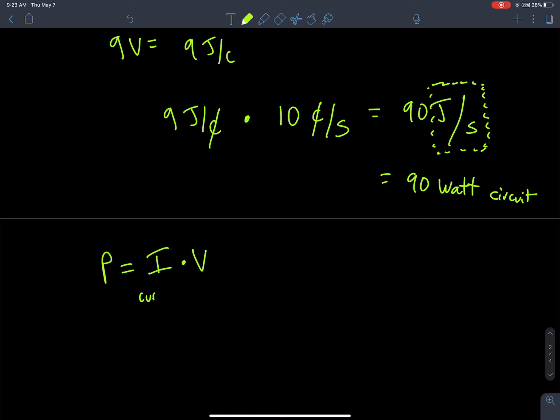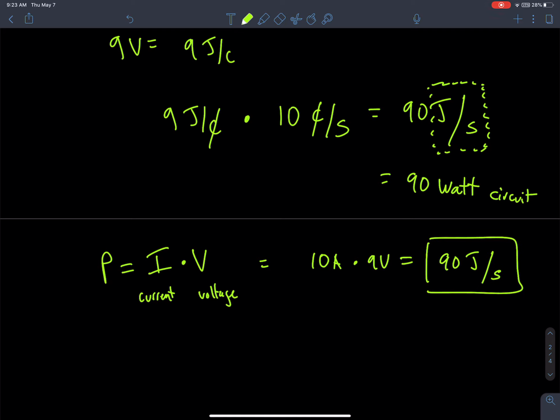This is current, and this is voltage. So if I had 10 amperes times 9 volts, that is going to give me 90 joules of heat energy released per second.